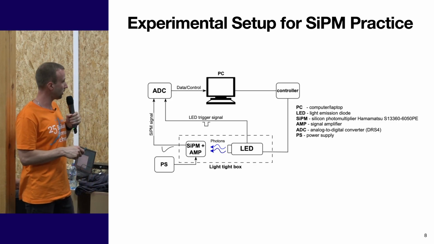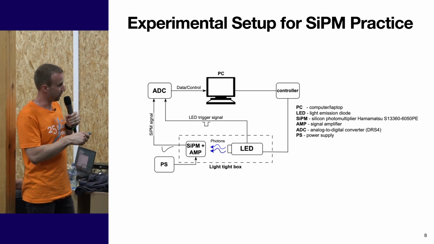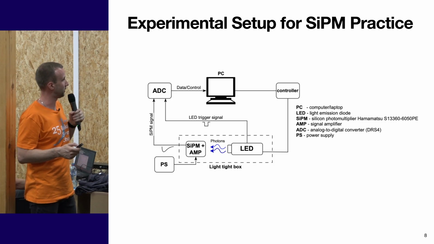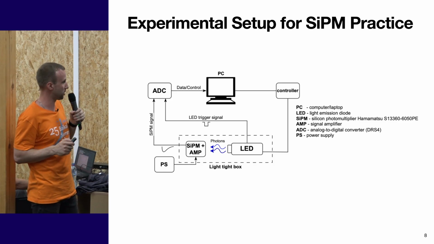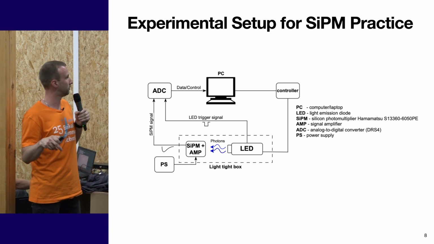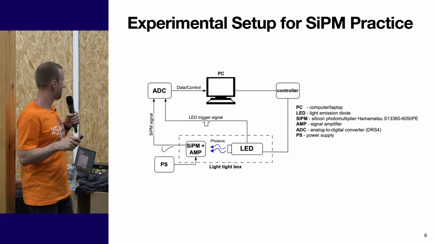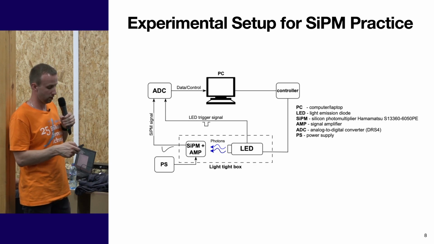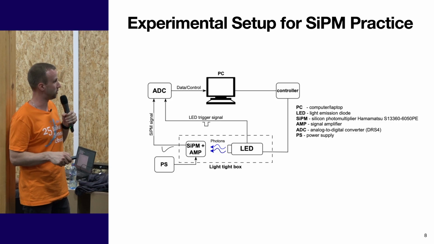So we already set the number of photons in the flash of the LED to the regime where we have the single photon regime. And Alexey is going to save the data right now on the computer.